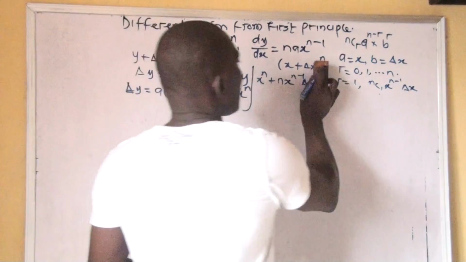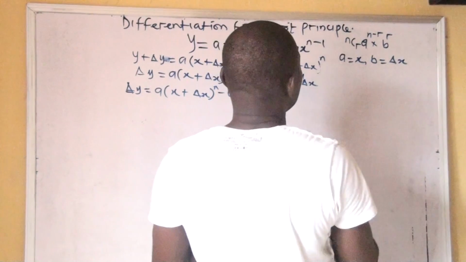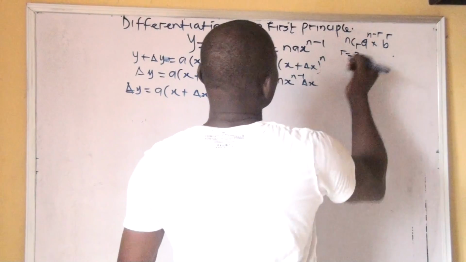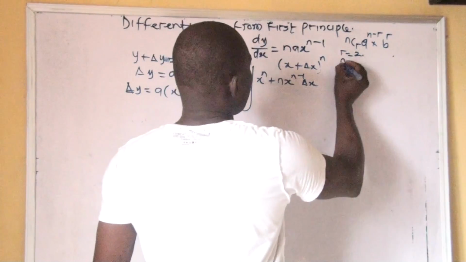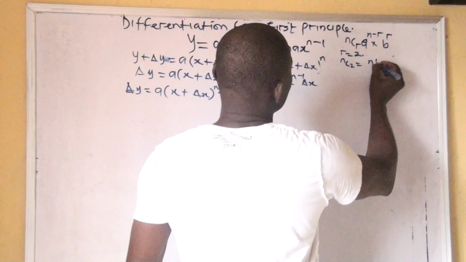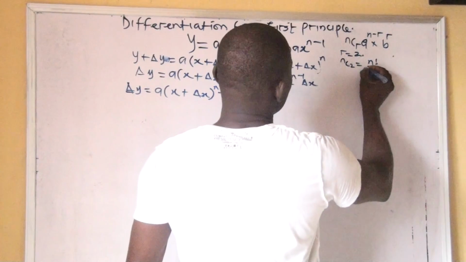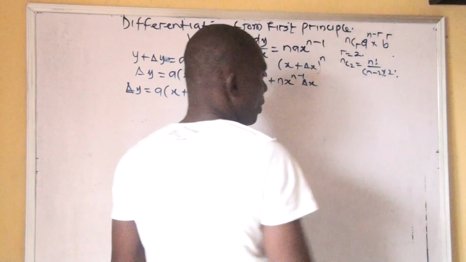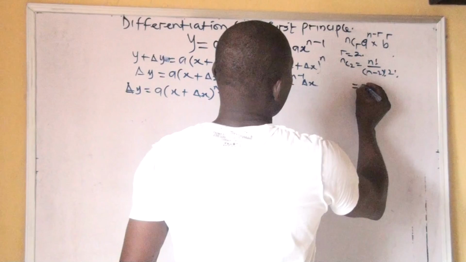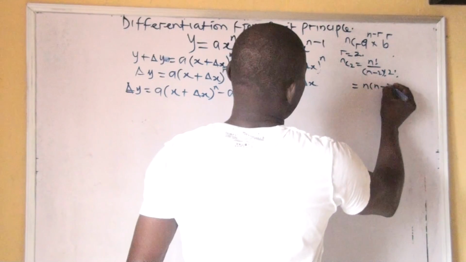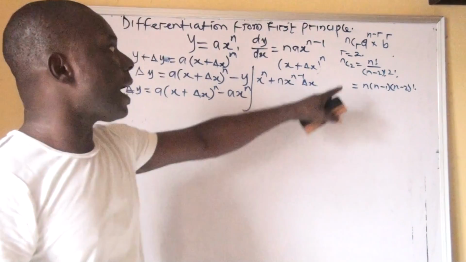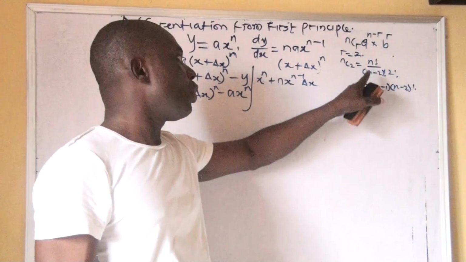The next aspect is, we are still going to look at when r is 2. That will give us n combination 2, which is n factorial all over (n minus 2) factorial, 2 factorial. Here we also expand this. This n factorial will become n into (n minus 1) into (n minus 2) factorial. We stop there because at our denominator we have n minus 2 factorial.